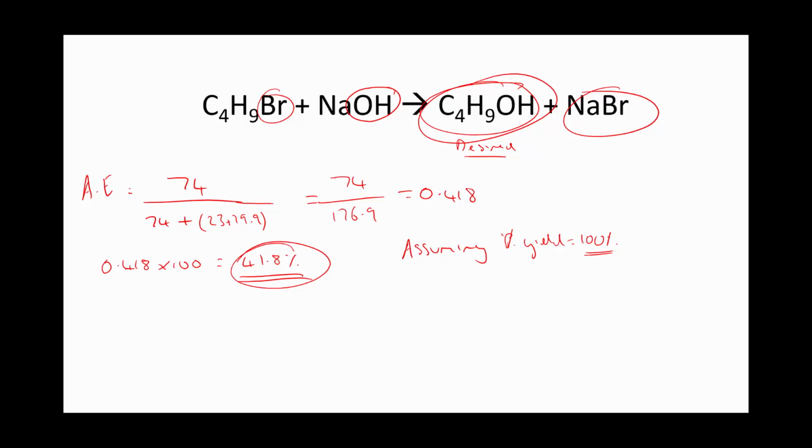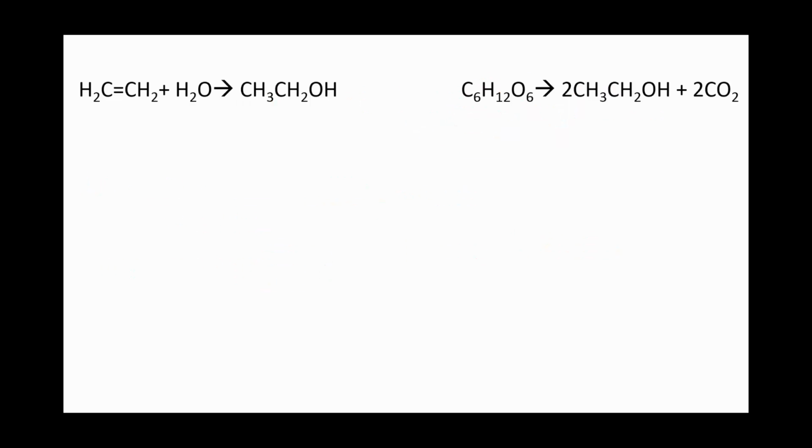That's all there is to atom economy. It tells us how wasteful a reaction is. Okay, let's move on to another example. Let's have a look. You should be able to recognize these as the two methods of making ethanol alcohol. In the first one, we've got the hydration, starting off with ethene and water.